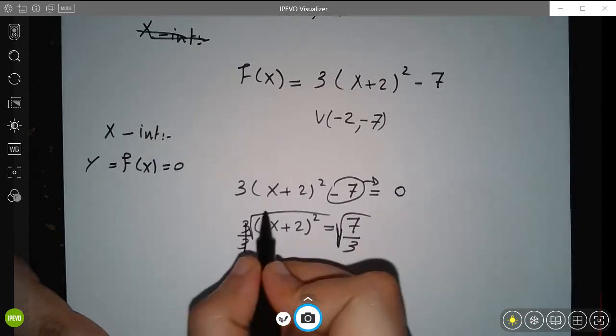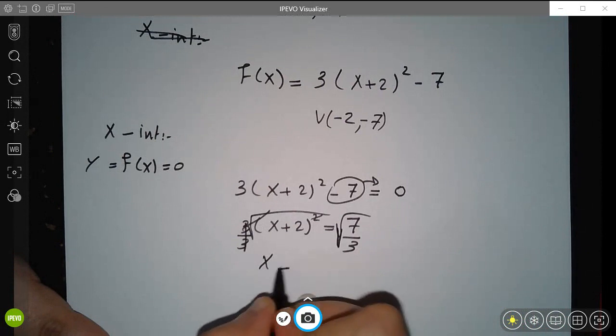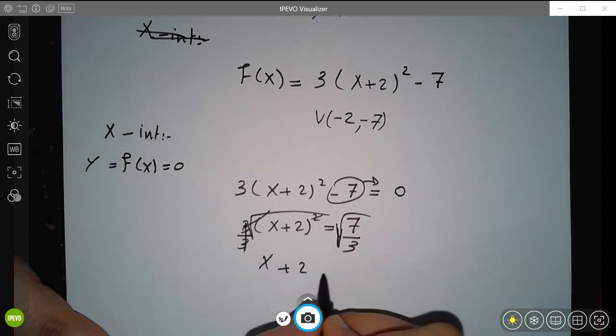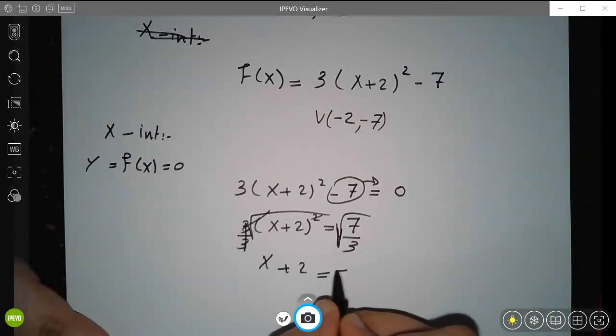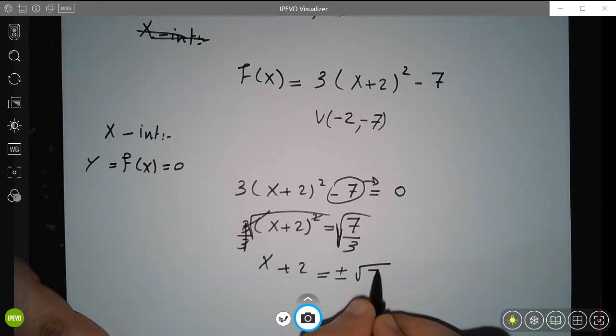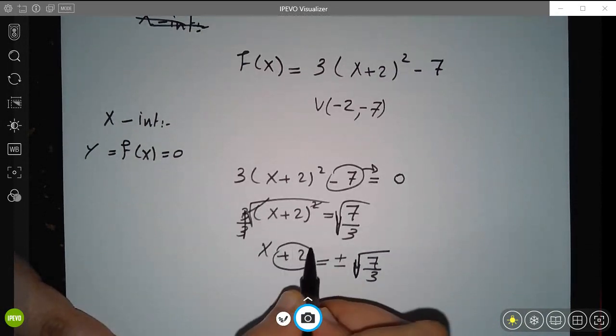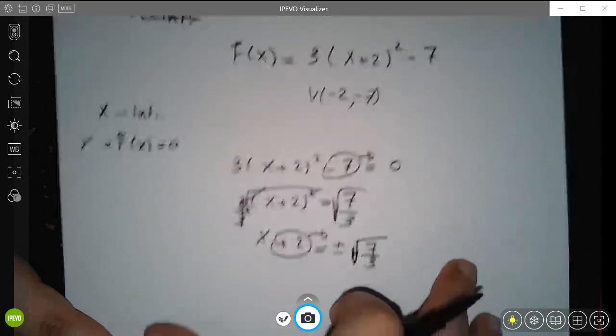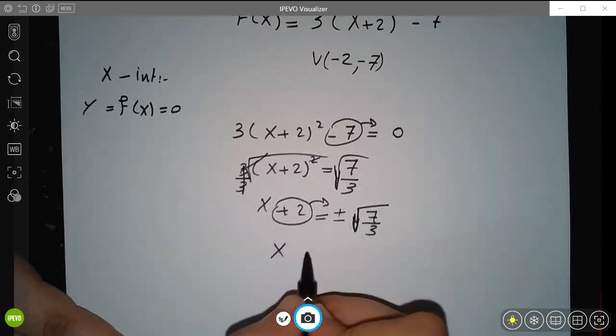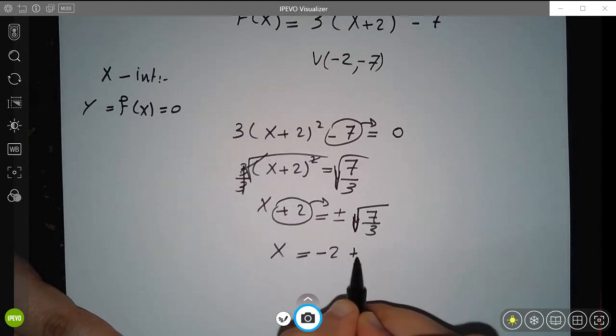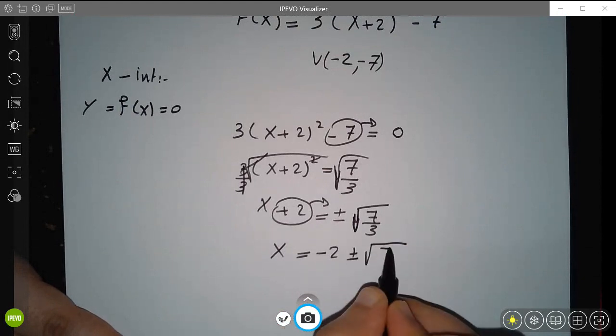So the root and the squared cancel and you end up with x plus 2, which equals positive and negative root of 7/3. It could be positive or negative. And then last step, grab the 2, move it over and it turns negative. So x equals -2 plus or minus root of 7/3.